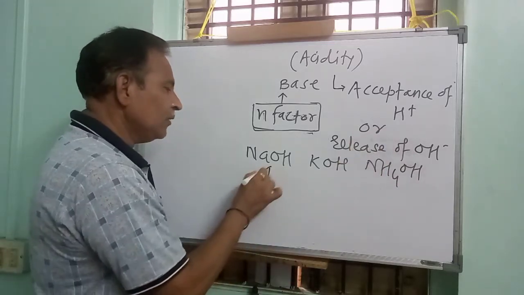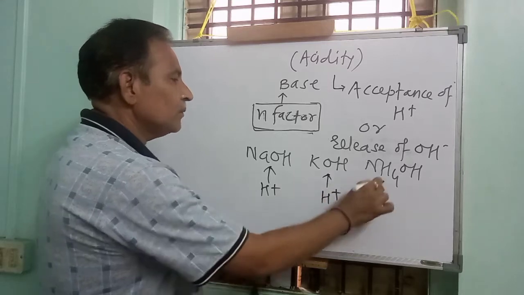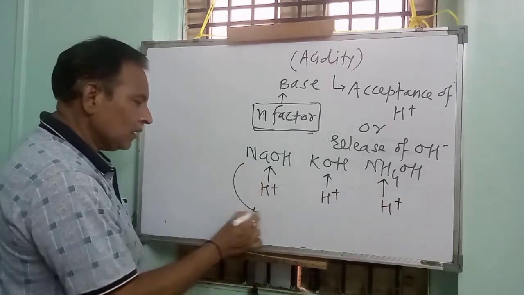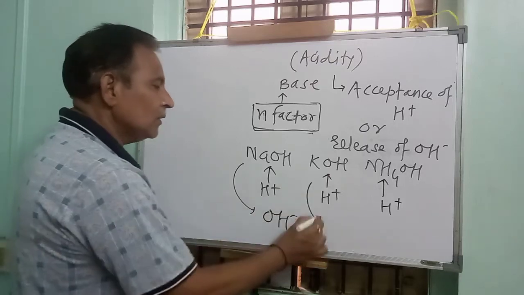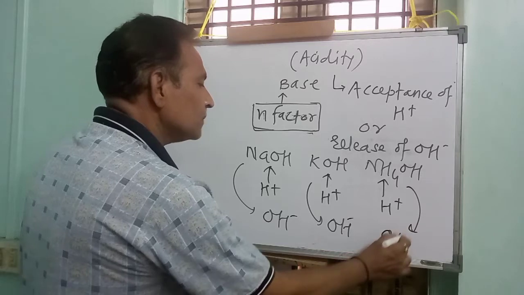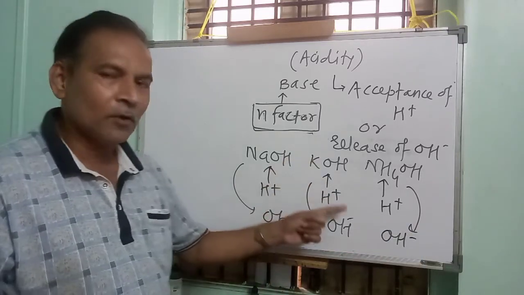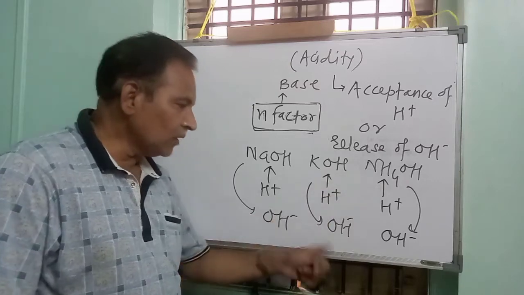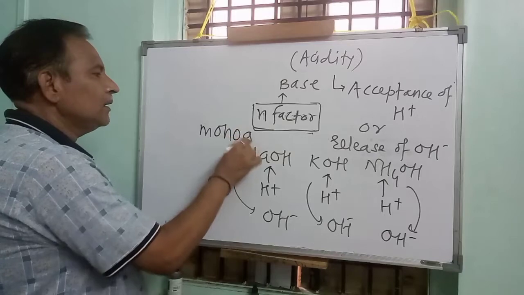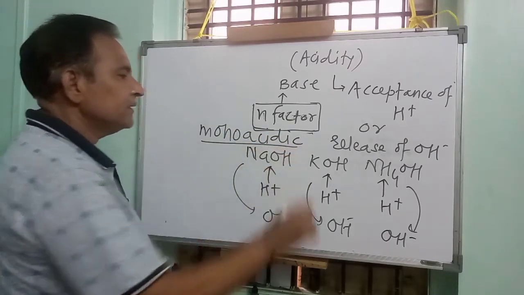So they are accepting one proton, or releasing one OH minus. All such bases which are capable of accepting a proton or releasing one OH group are called monoacidic bases.